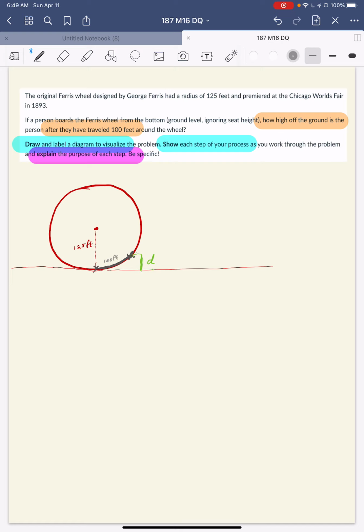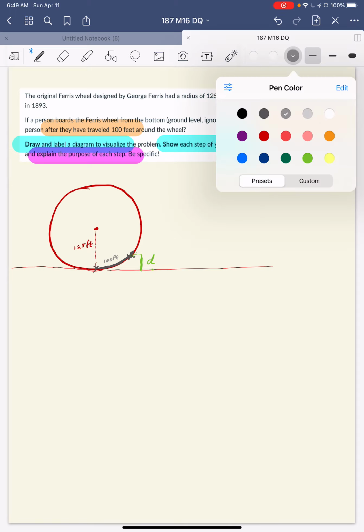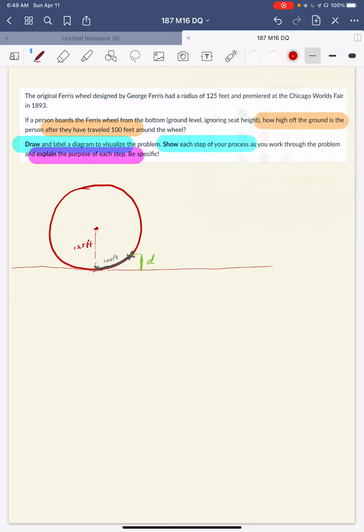And I know from the work that we've been doing that I can use the sine function to give me the height from the horizontal axis. So in other words, I could find this distance here by using the sine function, but I would need to know what? I would need to know the angle that was formed from the 3 o'clock position.